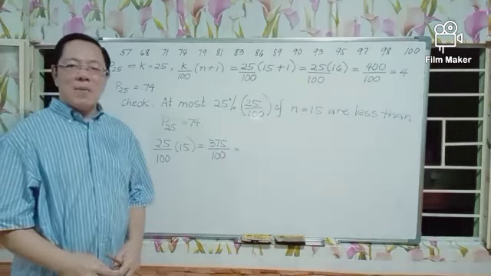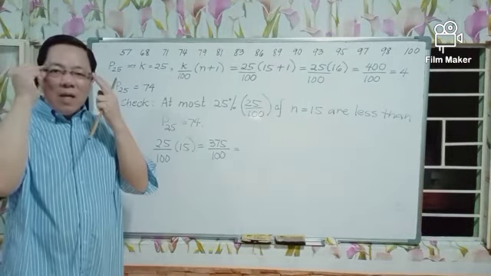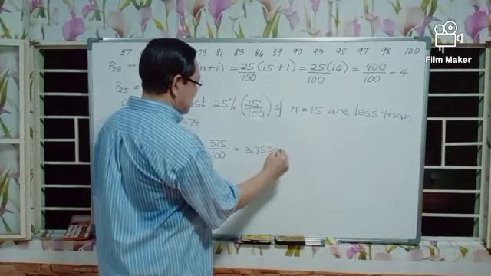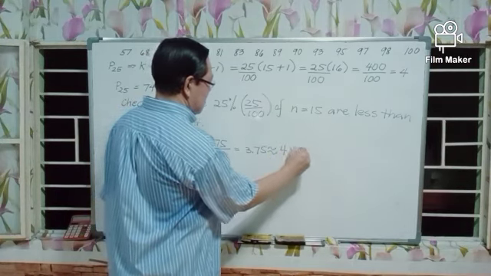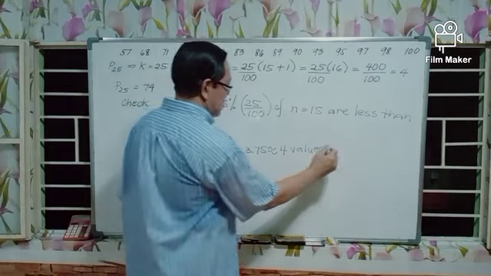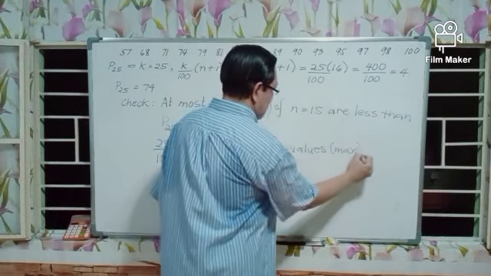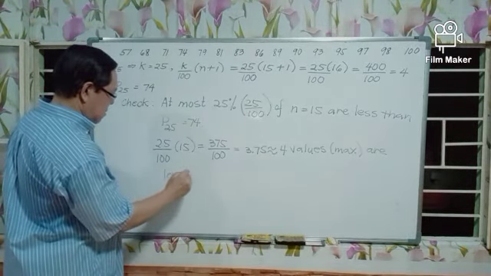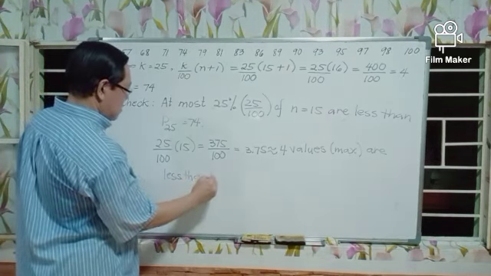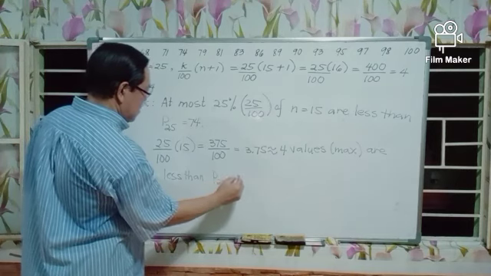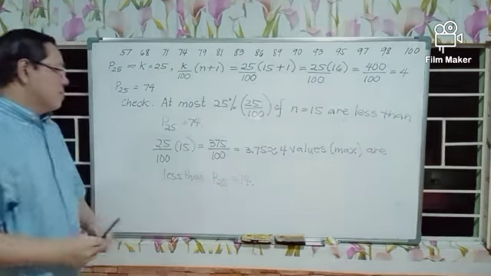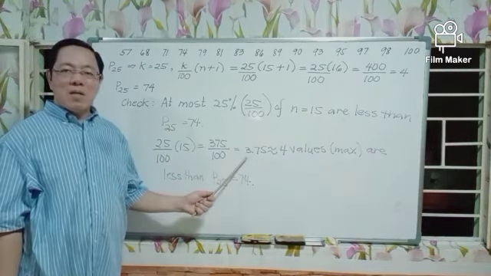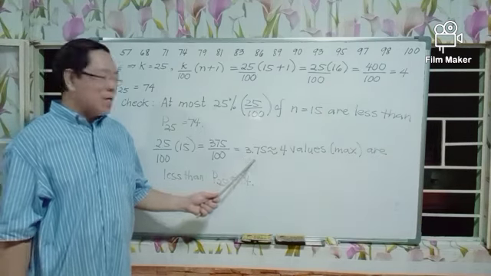And we divide 375 by 100, we get 3.75. 3.75 rounded up to the nearest whole number, or integer, is 4.